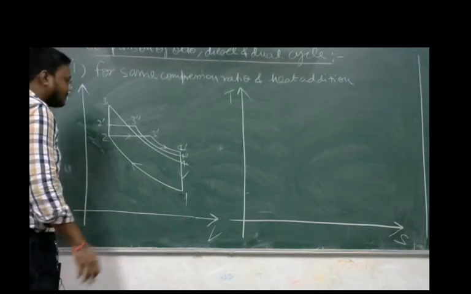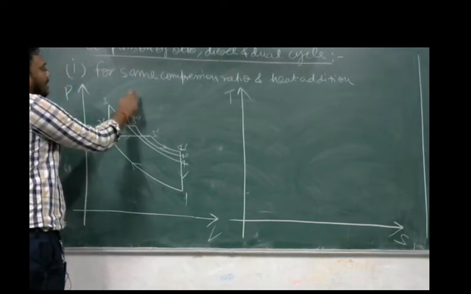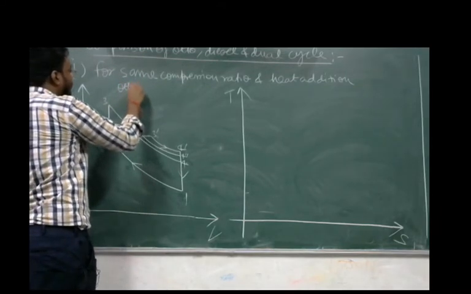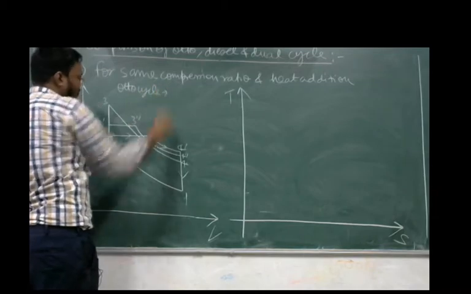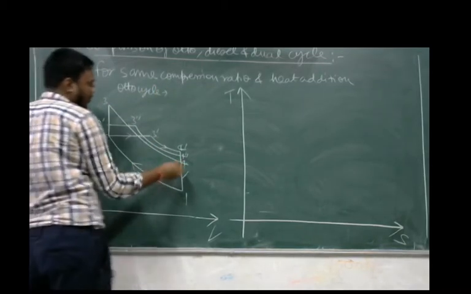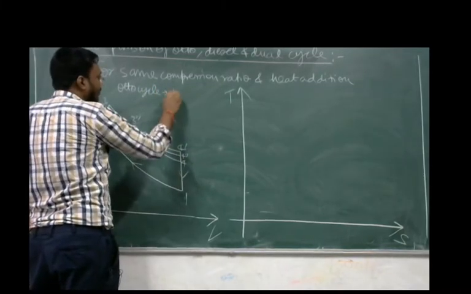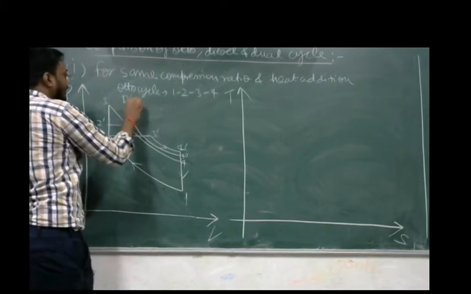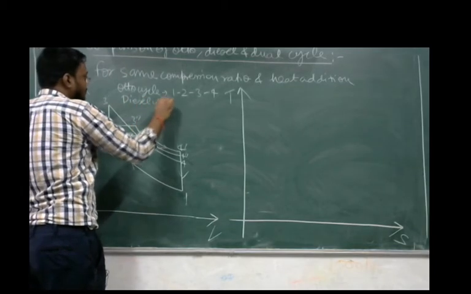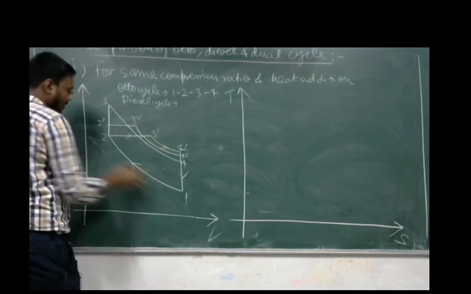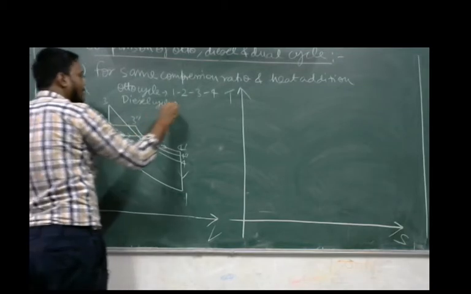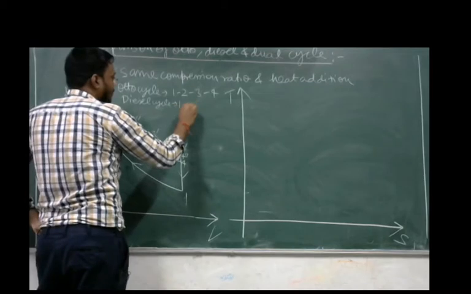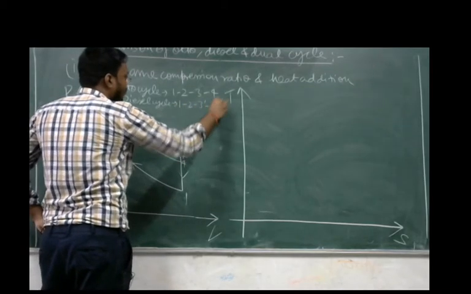First I am writing here the cycle names. Otto cycle is 1, 2, 3, 4. Diesel cycle is 1, 2, 3 dash, 4 dash.